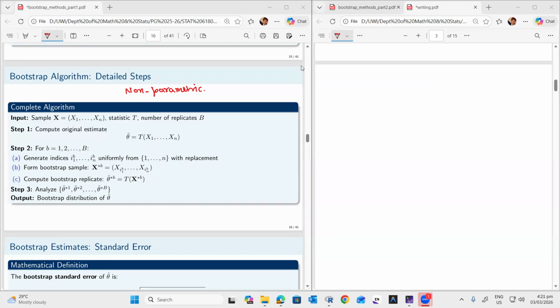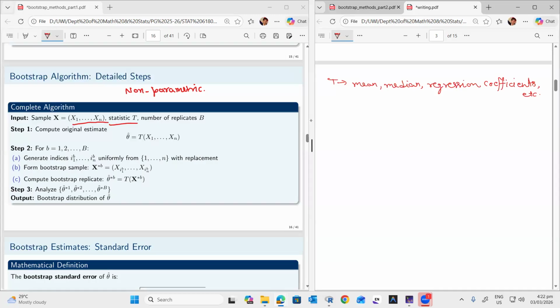Suppose we have one sample, x1, x2, up to xn, and a statistic T. T can be anything: mean, median, regression coefficient, etc. It can be anything that you find out through this one given sample.